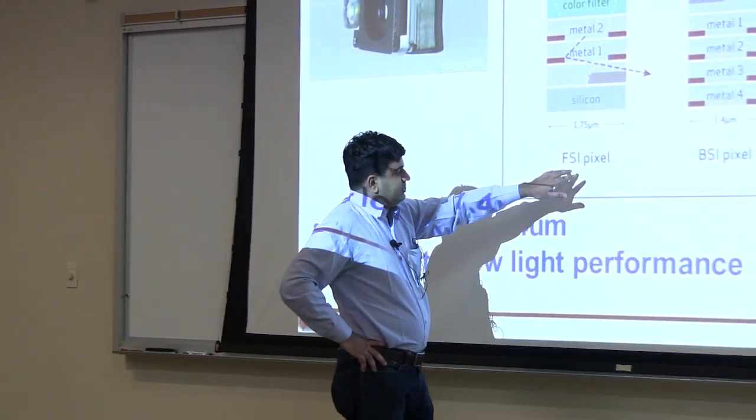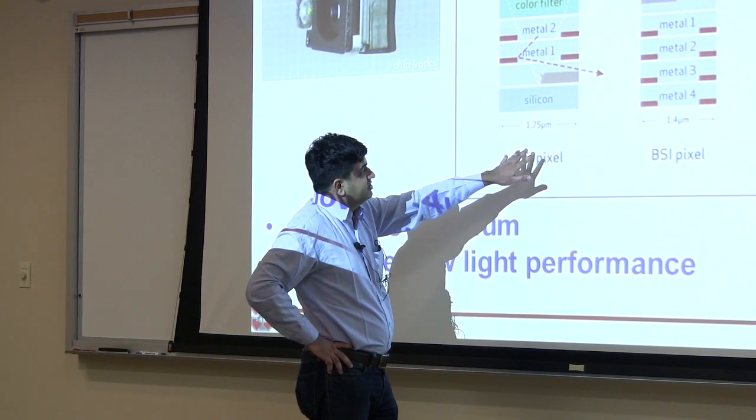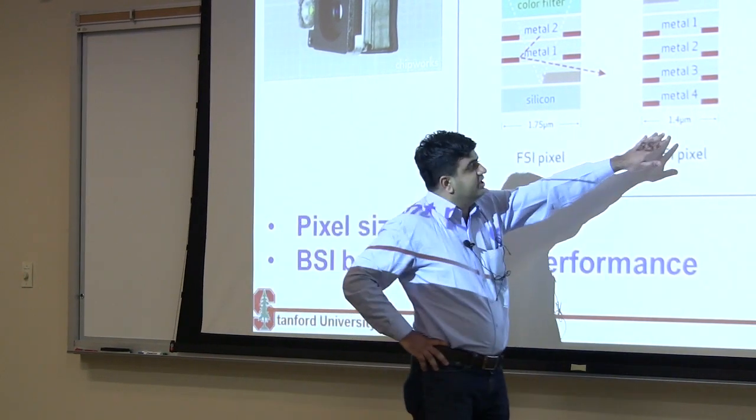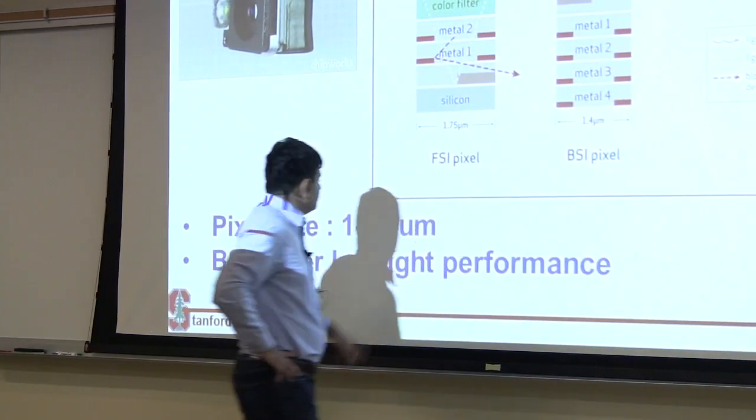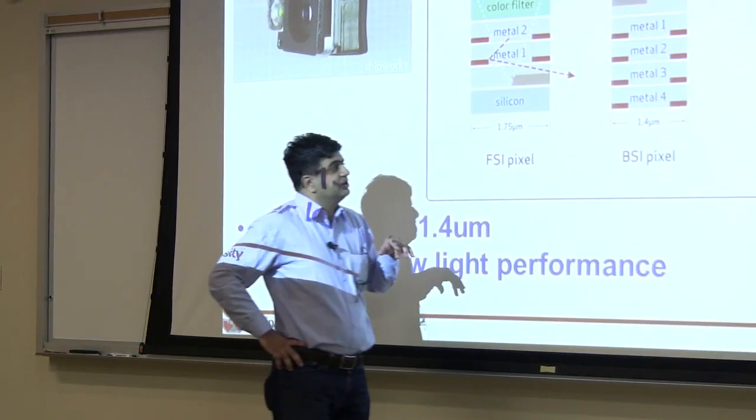But now your pixel size, if you have your iPhone 5, which has an 8 megapixel camera, is typically between 1 micron and 1.5 micron in each dimension.